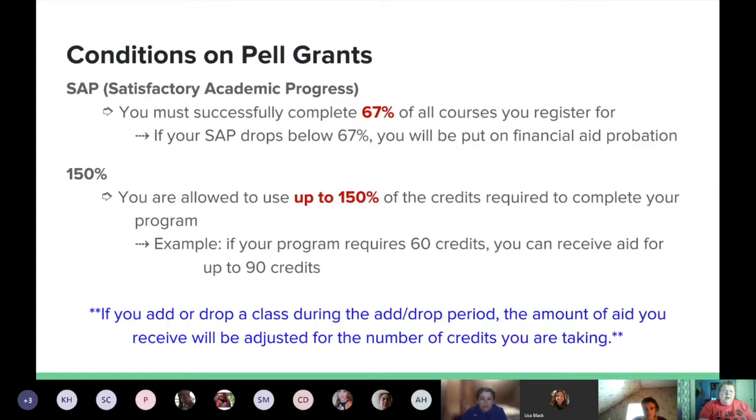Conditions on Pell Grants. There's measures of keeping you in good standing. And trust me when I say it's easier to help you stay in good standing than when you fall out of good standing and we're trying to help you get back in. But it is doable. And I would say that collectively, we are experts on this subject.